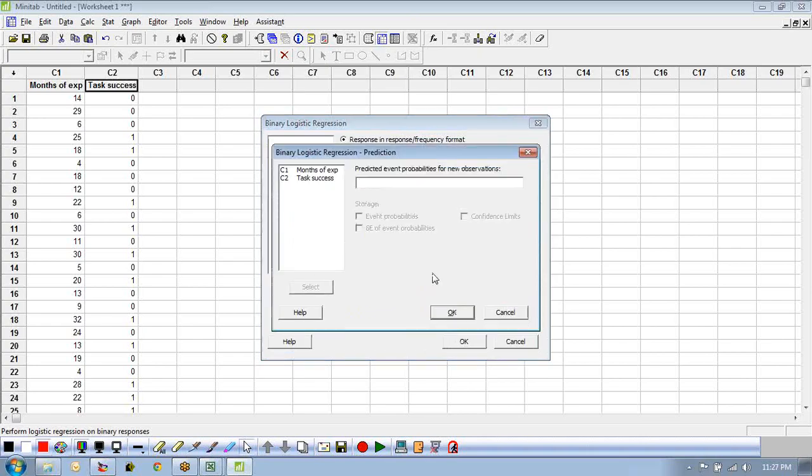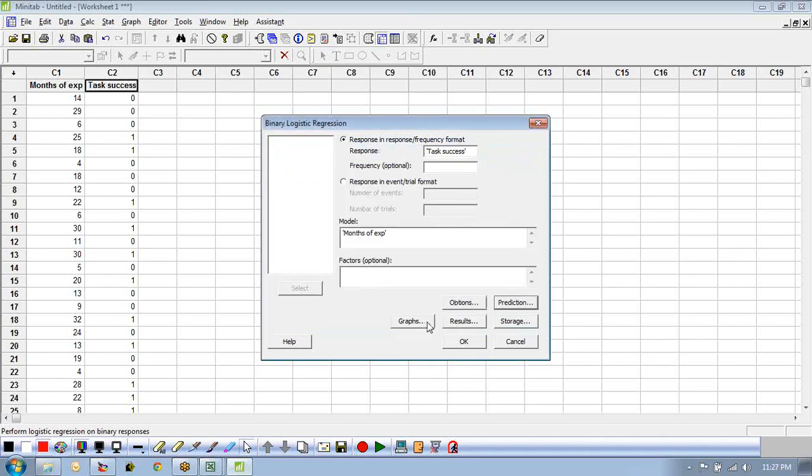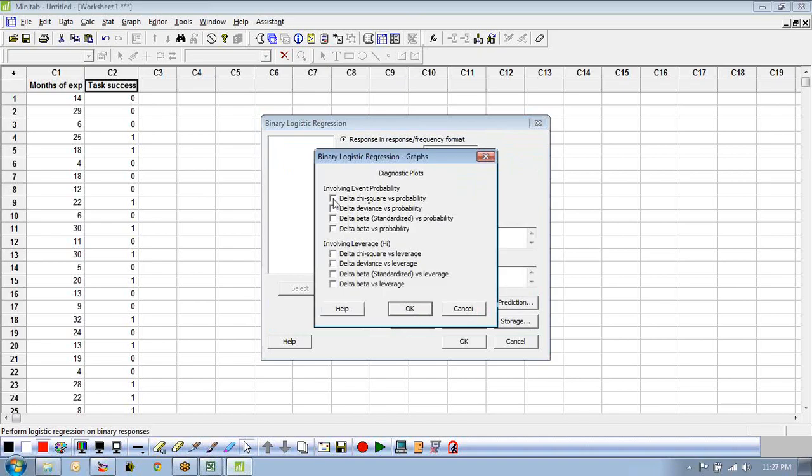In prediction, we'll be able to make predictions, and I'll show you how to do that. In graphs, we're going to want to click delta chi-square versus probability. Let's not worry about y. It's a diagnostic plot, very similar to residuals. We use it to look for outliers.